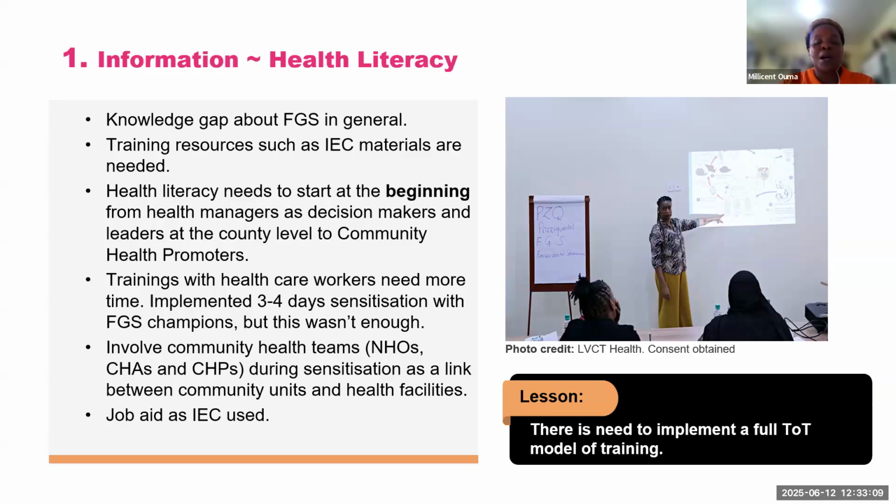So there's need to have them sensitized, and also for the fact that the health facilities currently have community health units who report to the health facilities. So there was need to have these community health teams sensitized about FGS. This sensitization for the community health teams took 1 day for us.